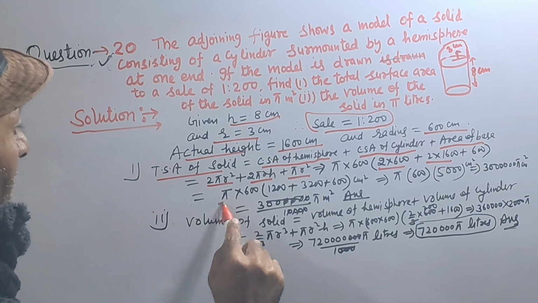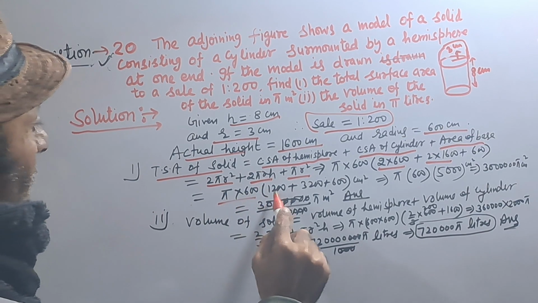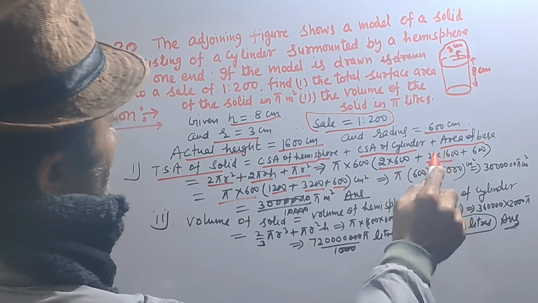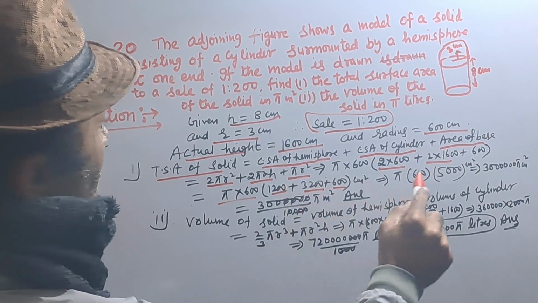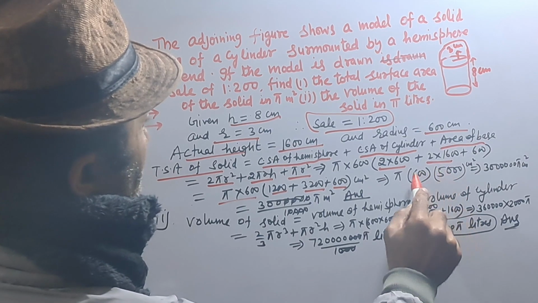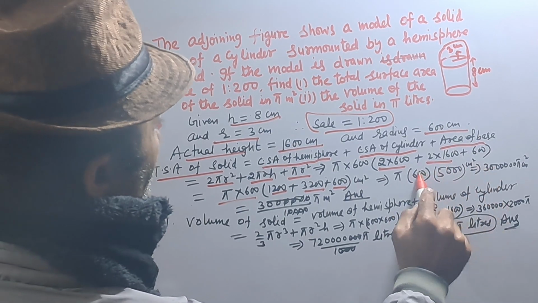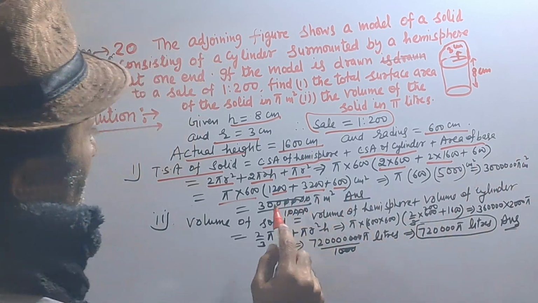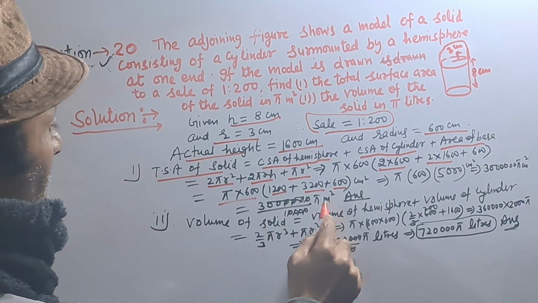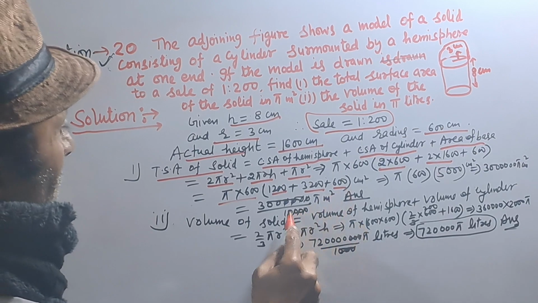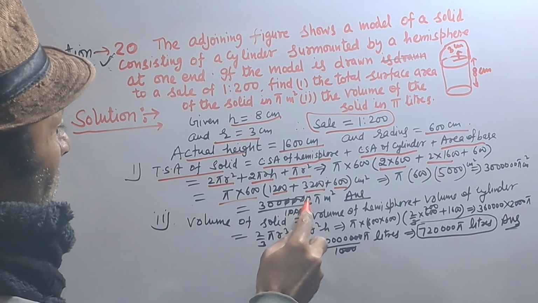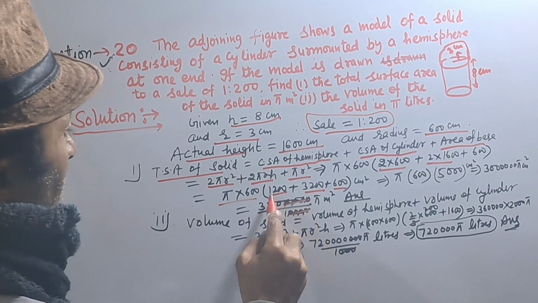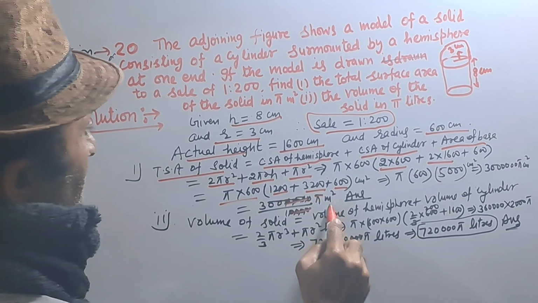That is in terms of pi, 600 pi, 1200 plus 3200 plus 600. 16 2s are 3200, that is equal to 5000. 6 5s are 30, 300000 pi centimeter square, and we change to meter square, divided by 100 into 100. 4 zeros are cancelled, and we get 300 pi meter square.